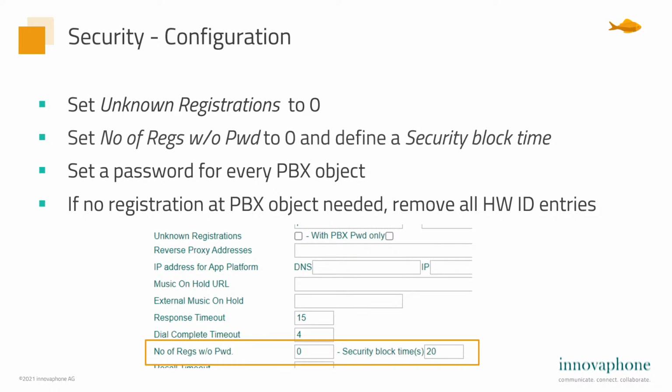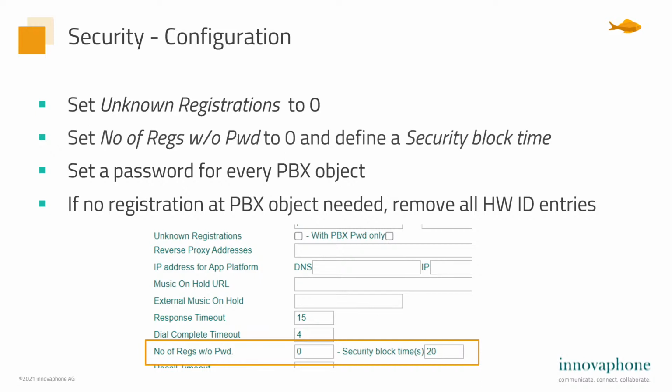I don't know why you need more. Maybe they want to register several phones to the same object for multiple registrations, or maybe for hot desking reasons. But to create a secure system, make sure unknown registrations is set to 0.